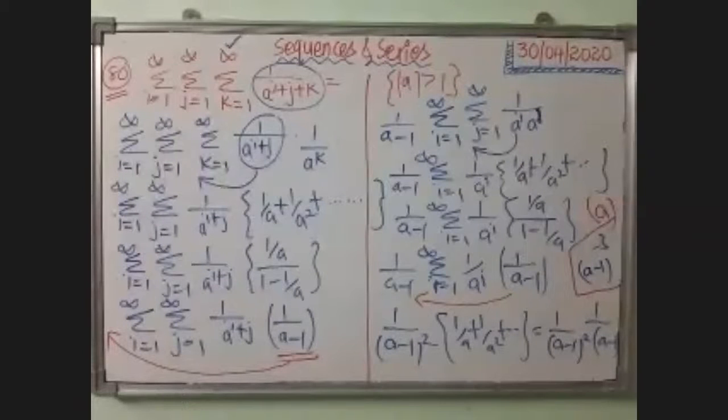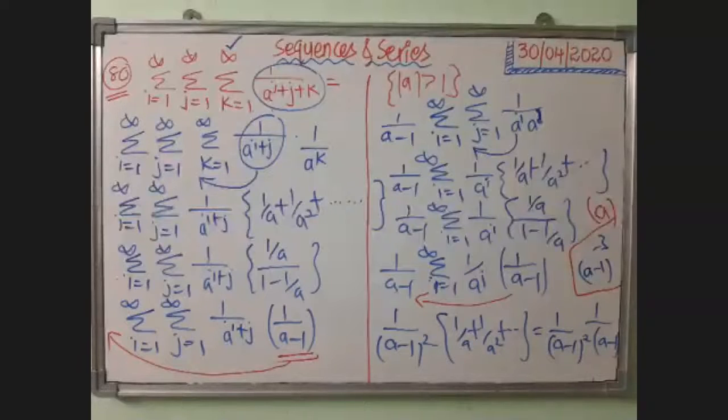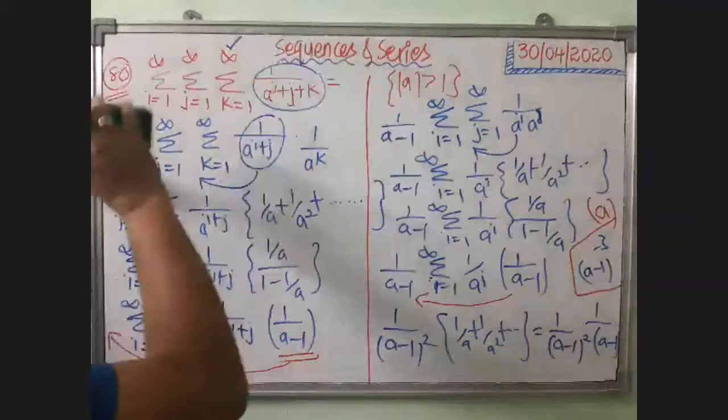You need to have patience here and solve step by step. (a minus 1) whole power of minus 3, or 1 by (a minus 1) whole cube, is the answer for this question number 80 from your Cengage material. Okay, this was question number 80.